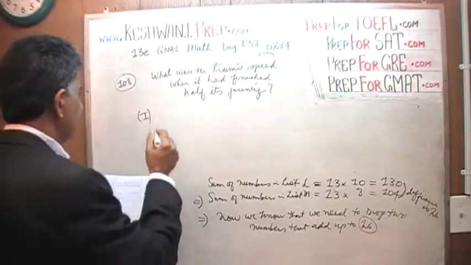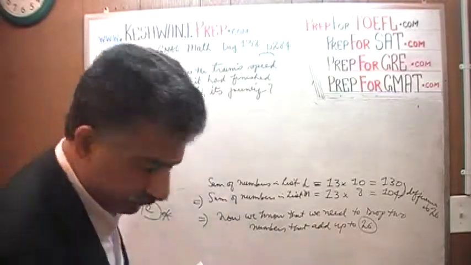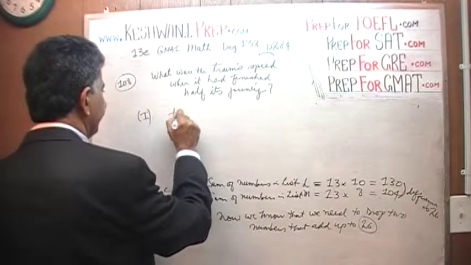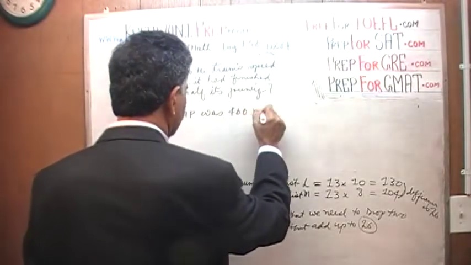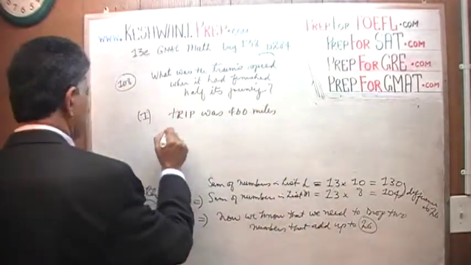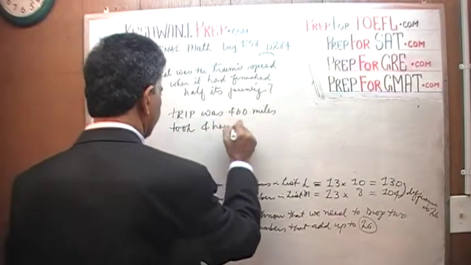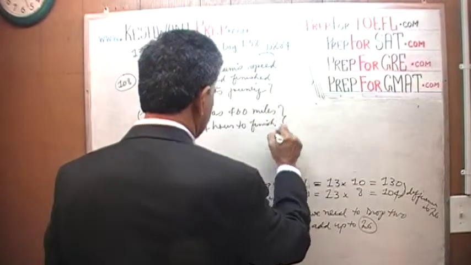In the first statement, they tell us that the trip was 460 miles, and it took 4 hours to complete. What does it tell us?